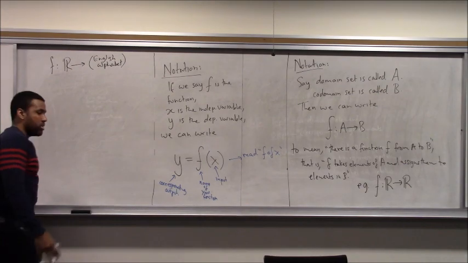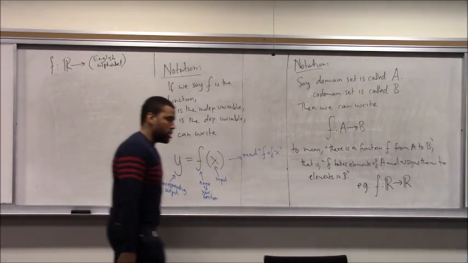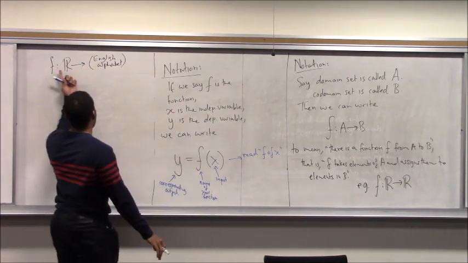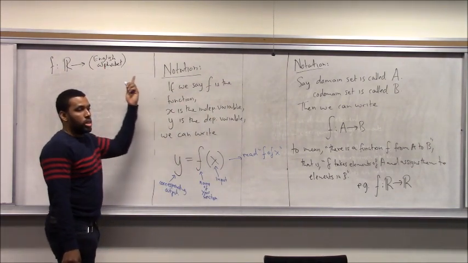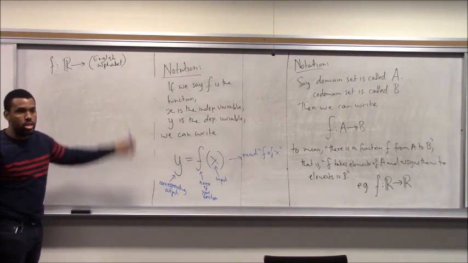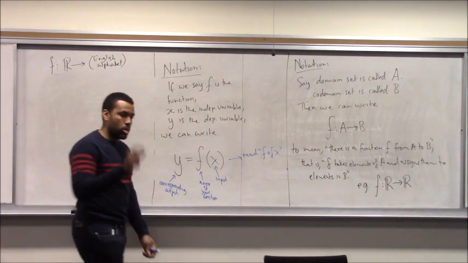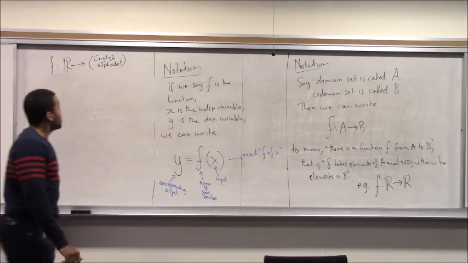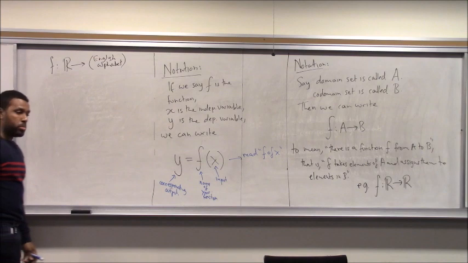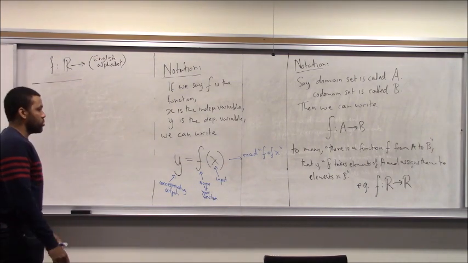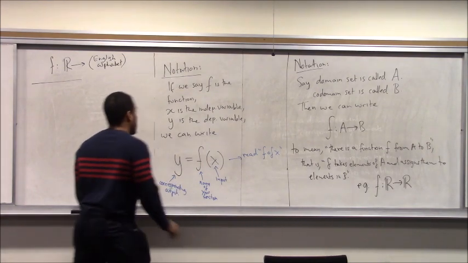I could define a function that gives you the first letter of the name of the number. So if you plug in the number 1, it will output the letter O. If you plug in the number 2, it'll output the letter T. There's always some rule that no matter what you plug in, there's only one thing that it could possibly connect to, determined by the rule given. Okay, so that is a function.